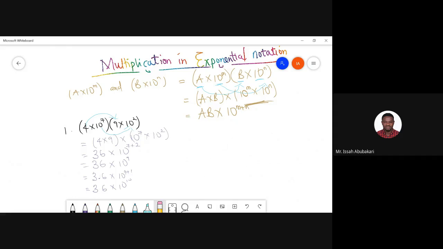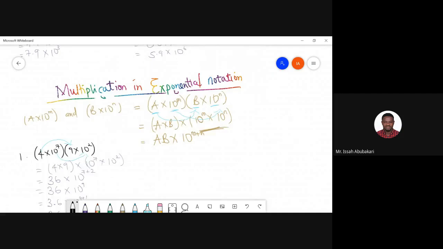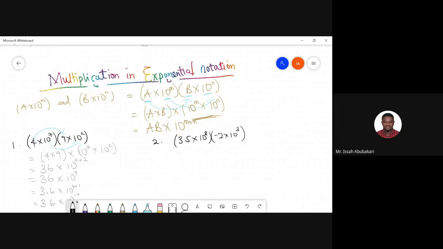Now let's try to solve more examples, and I guess we can understand from there. So example 2, if I have 3.5 multiplied by 10 power 8 times minus 2 times 10 power 3. Okay, then you are asked to find the product of this.